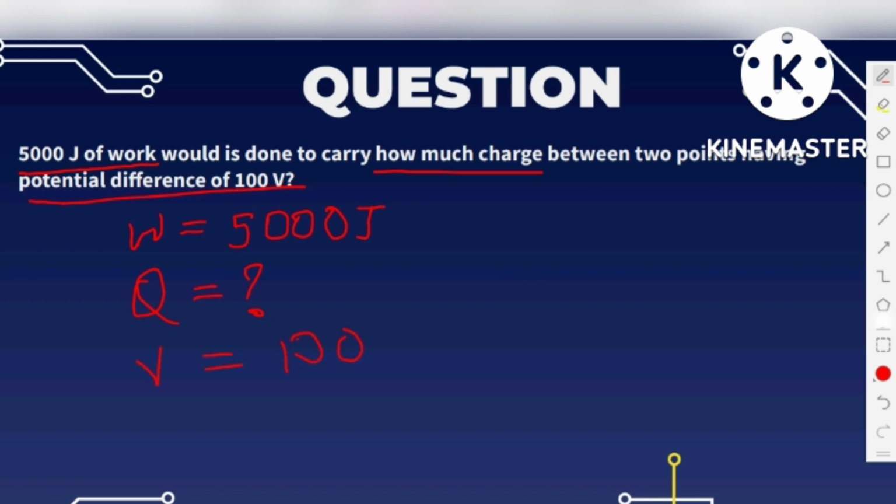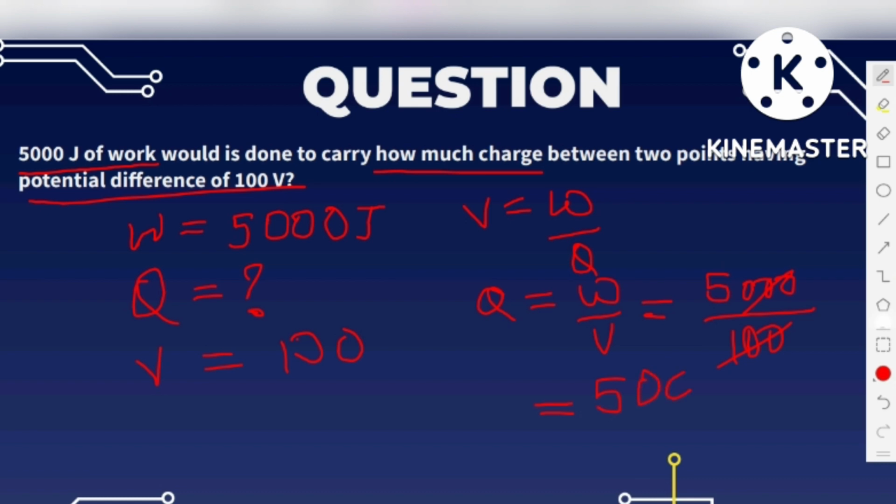Alright, so V equal to work done per charge, and charge is equal to work done by potential difference. If we substitute the values of 5000 joules by 100 volts, after cancellation we get 50 coulombs of charge, right?